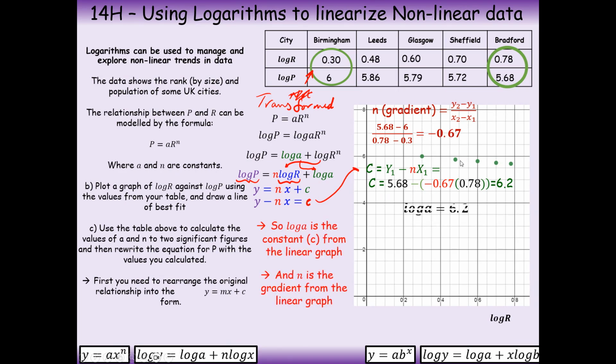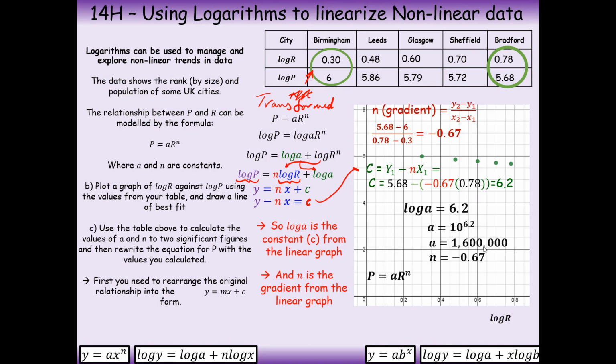So we're going to figure out the value of a here. If log a is this, then log means using base 10. Don't forget that. So to get a, you need to raise 10 to the power of 6.2, and then you'll get 1,600,000, rounded to 1,600,000, and you rewrite this into the original formula.